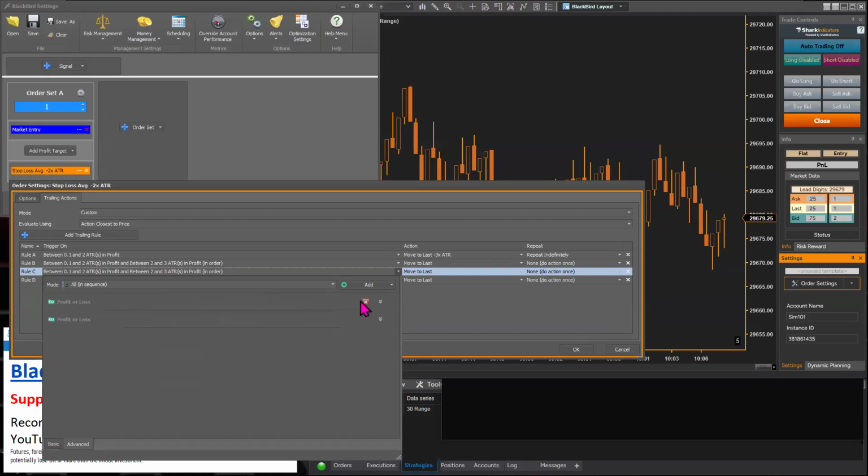So let's close that, and let's add no profit or loss. There's our third one down here. Get everything switched over like so.